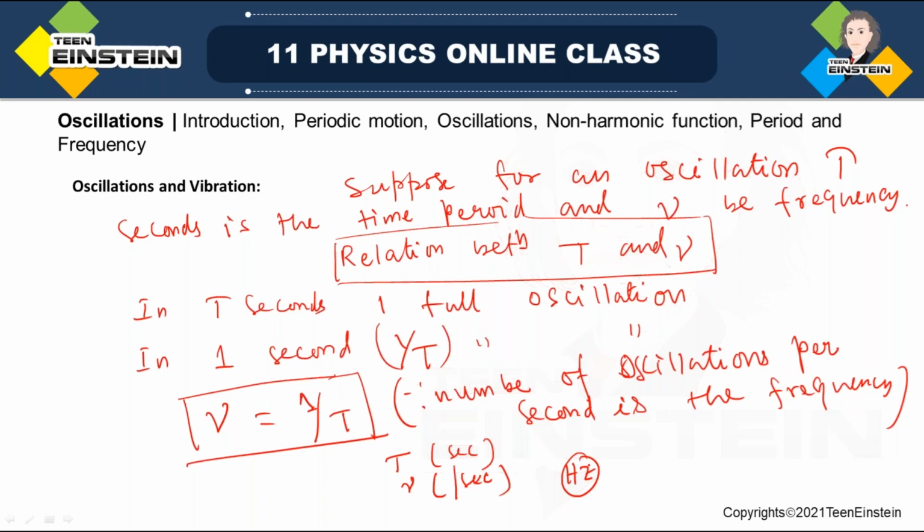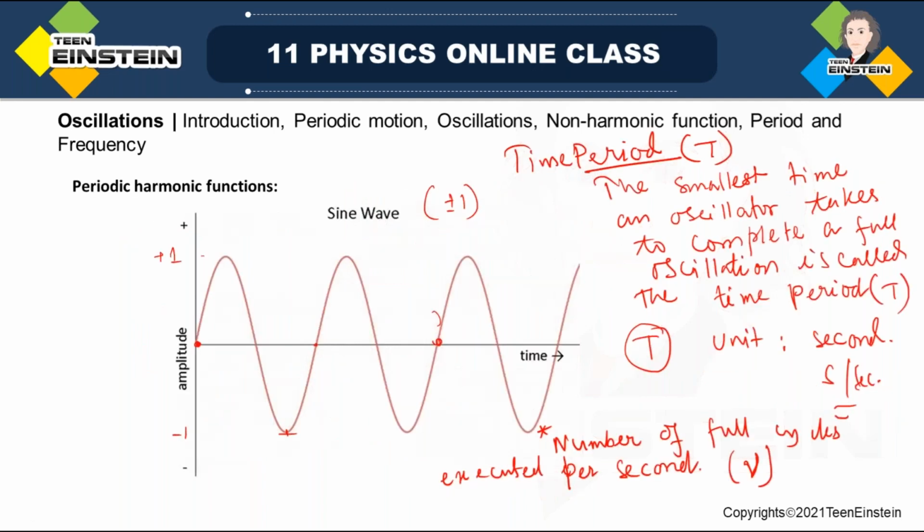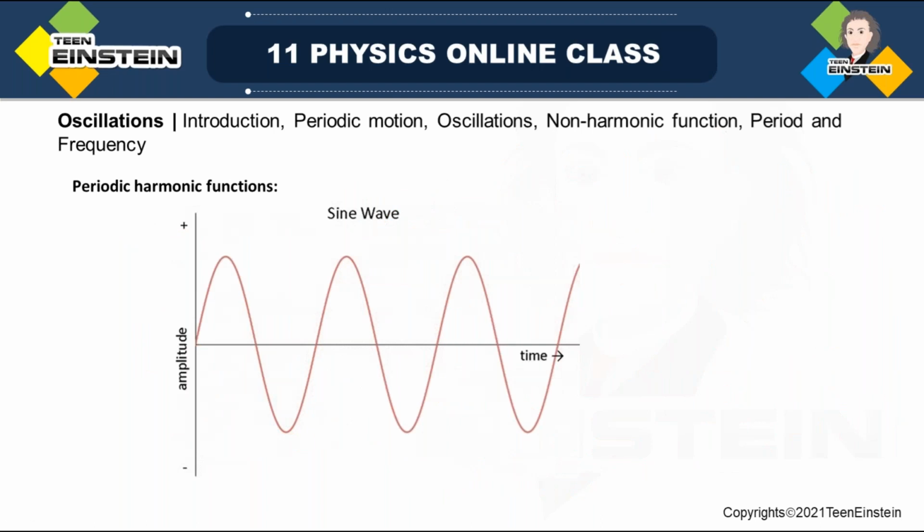It is named after the discoverer of radio frequency. So frequency has unit hertz. It is basically having dimension inverse of time. Okay, all right. So now we'll learn what is a periodic function.